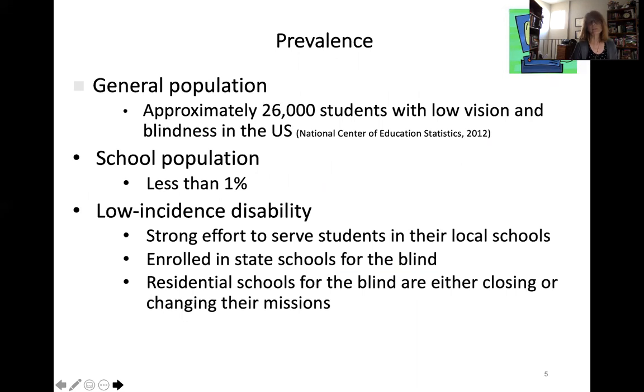Overall, it's considered a low incidence disability. There is a strong effort to serve students in their local schools, again, keeping them within their neighborhoods. There are some residential models that still exist for those who are blind, but many of those are closing or changing their missions because of the isolation factor that was going on.